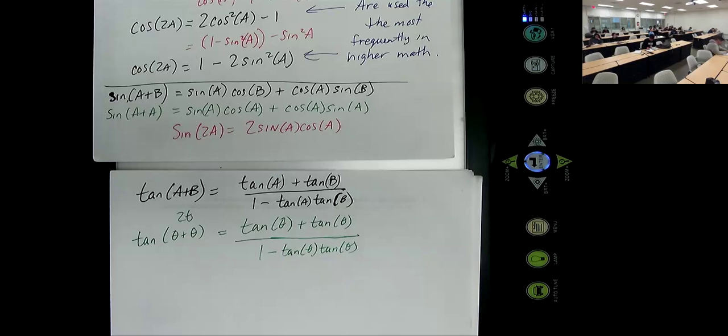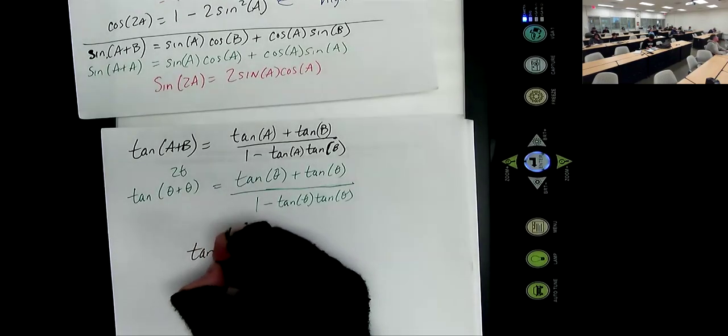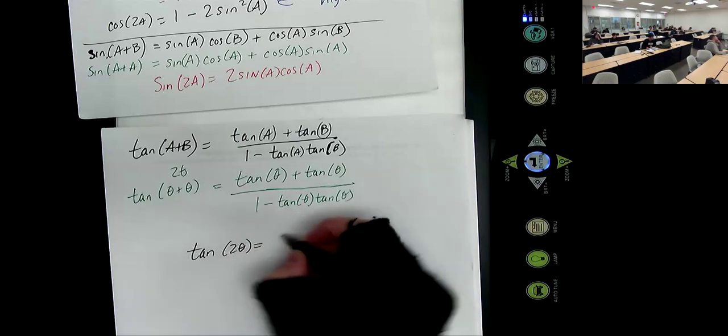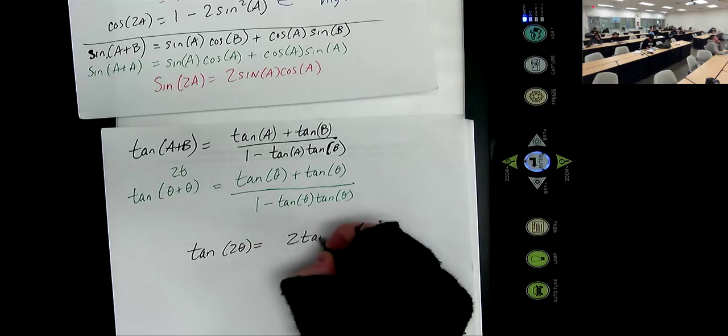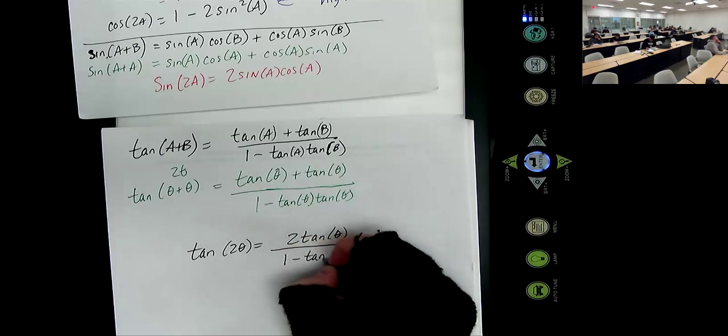So if you clean this one up, you will have tangent of 2 theta equals 2 tangent theta over 1 minus tangent squared theta.